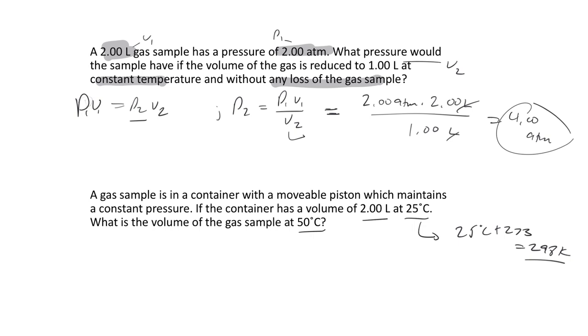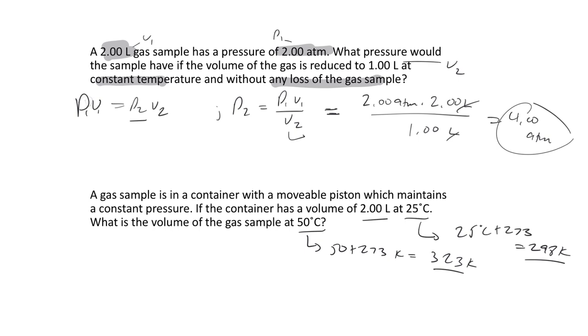And when we look at 50 degrees C, that's 50 plus 273, which is 323 Kelvin. So our temperature is actually not increasing by a factor of 2. It's only increasing by a factor of 323 divided by 298 Kelvin.